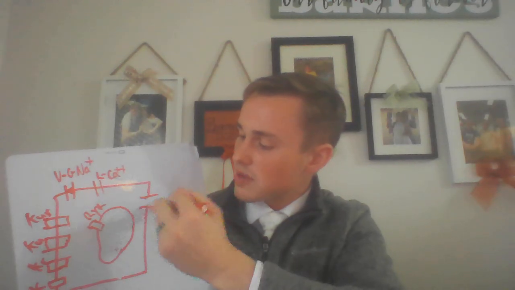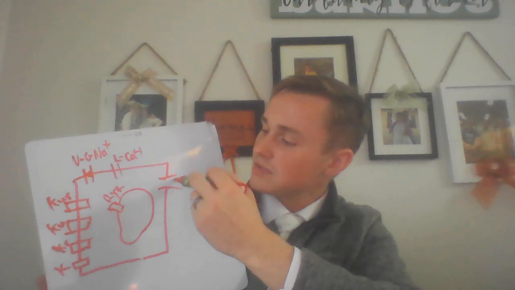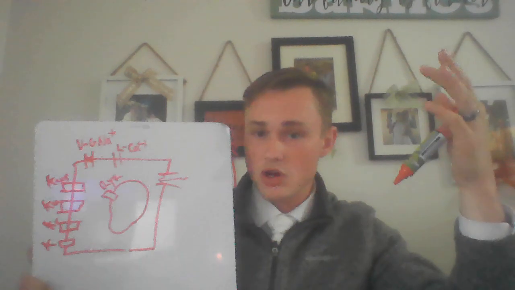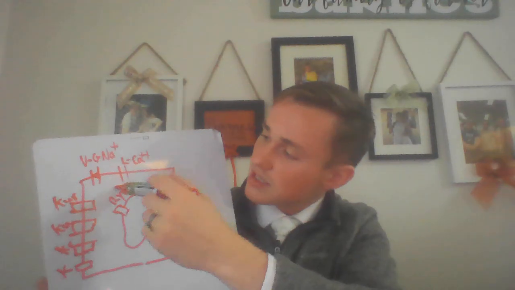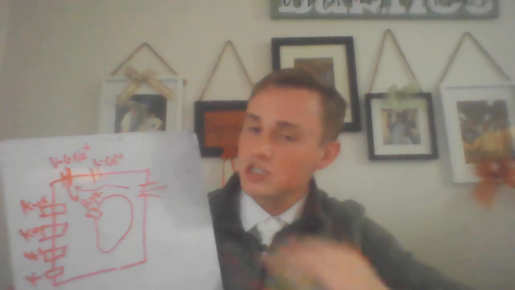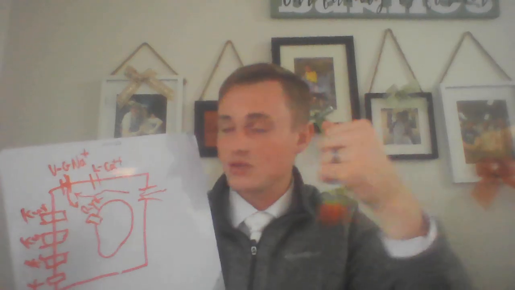That connects us to our pacemaker cell. And that pacemaker cell, when it goes through its action potential, will send in its positive charge. That positive charge is going to open up our voltage-gated sodium channel. Our voltage-gated sodium channel is going to allow sodium to rush in, and that will increase the positive charge so much that it will open up this L-calcium channel.